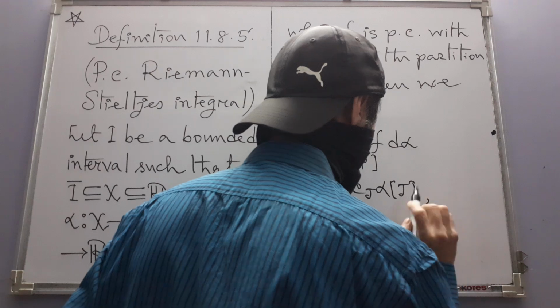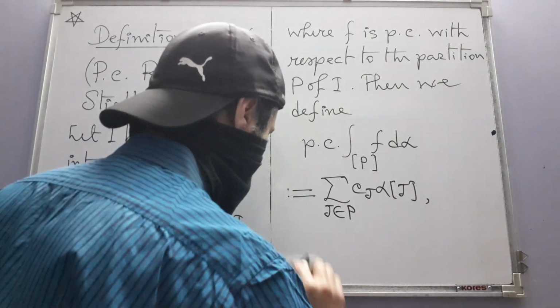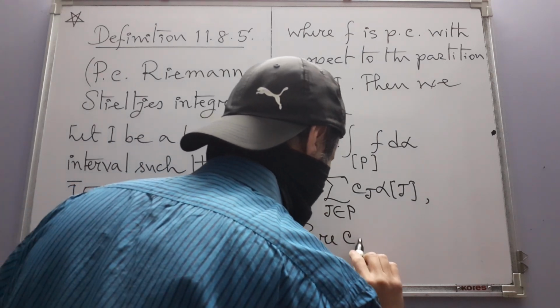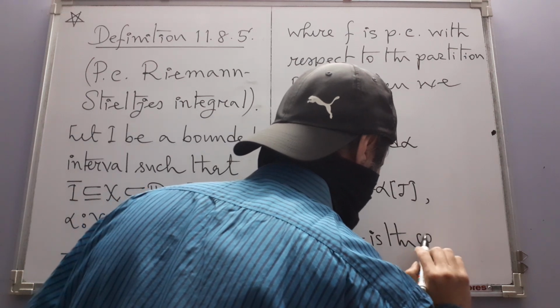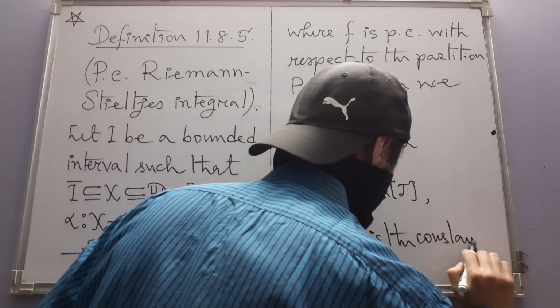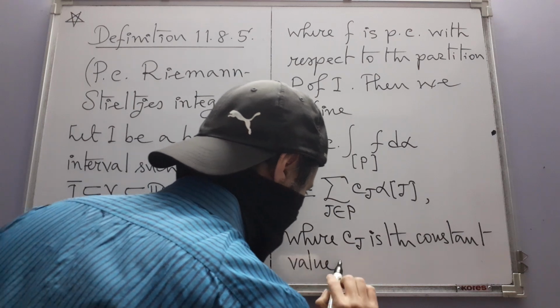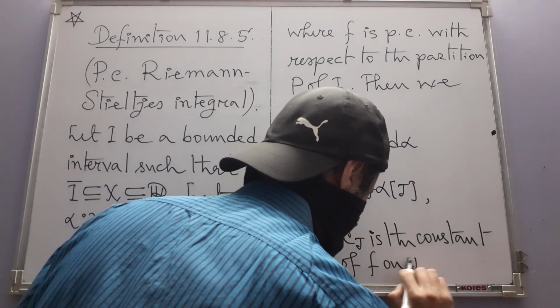That's the difference from ordinary PC integral, where Cj is the constant value of f on j.